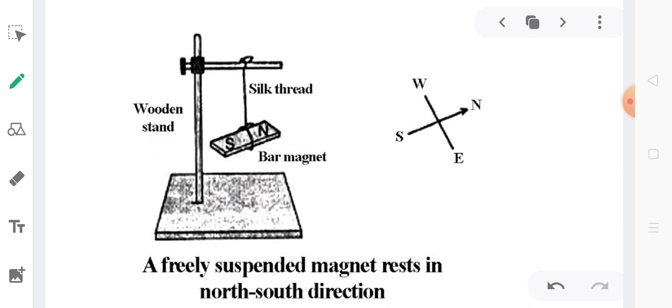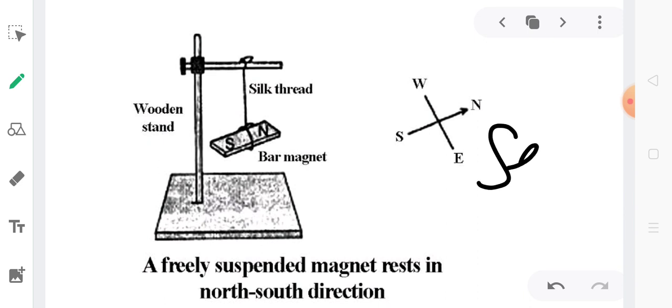That direction is the geographical north-south direction, and obviously the end of the magnet that is pointing towards the geographical north is called the north pole, or sometimes the north seeking pole.